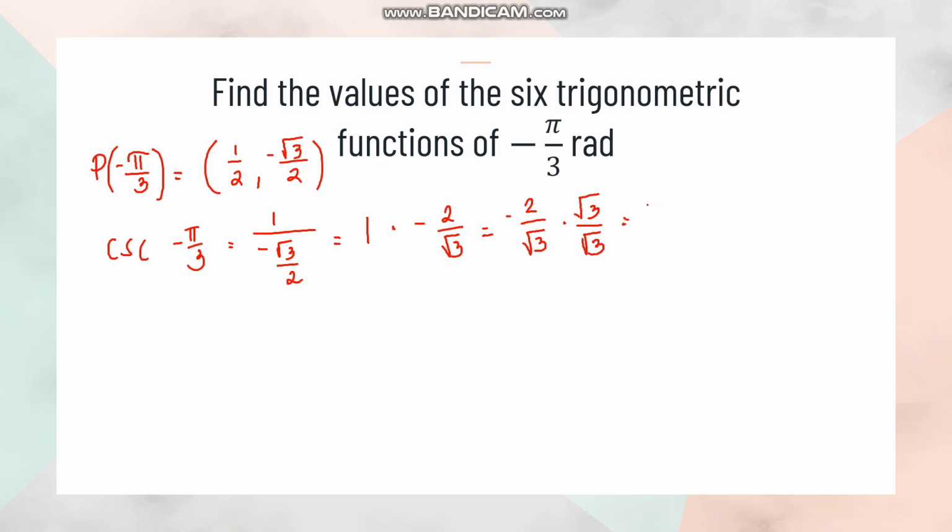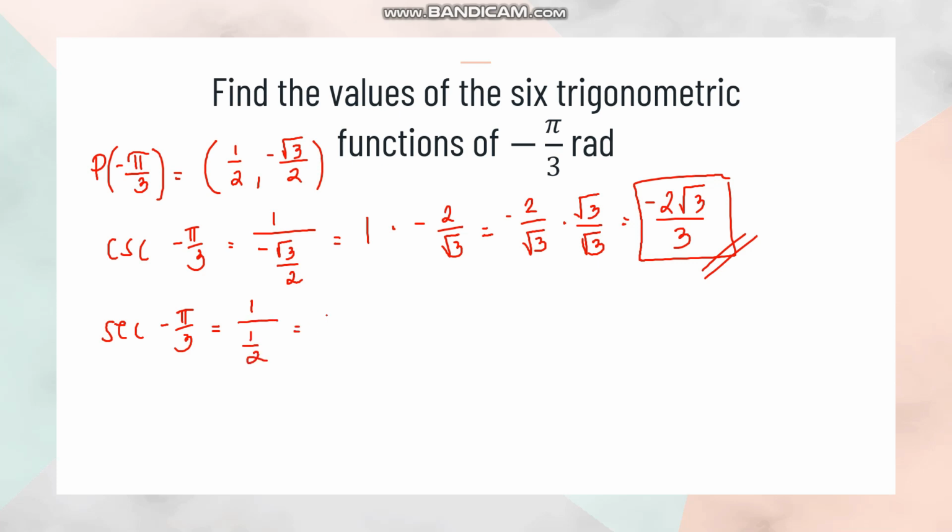So this will give us negative 2 square root of 3 all over 3. So this will be the cosecant of our angle. For the secant of negative pi over 3, it will be 1 over x. So 1 over 1/2. So 1 times the reciprocal of 1/2, which is 2. So the secant now is equal to 2.